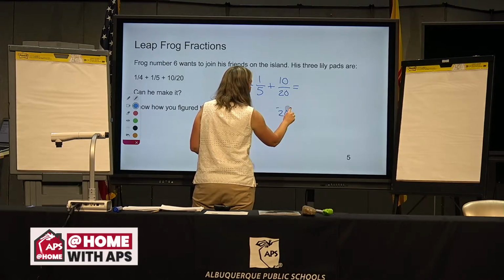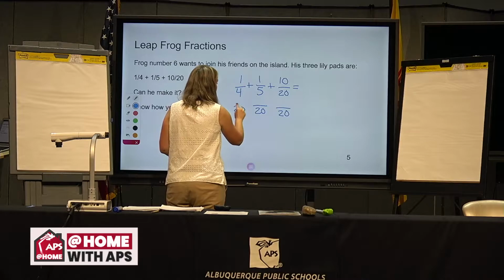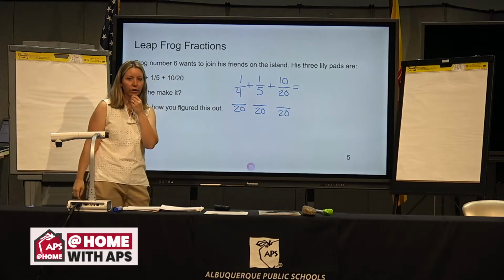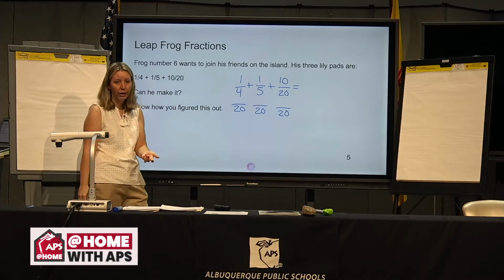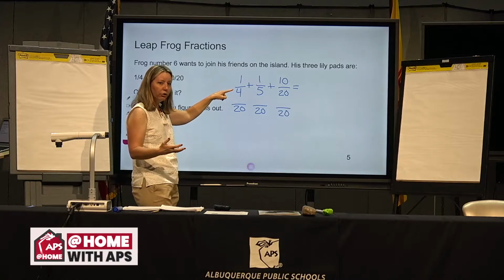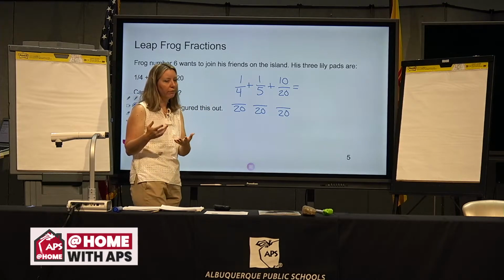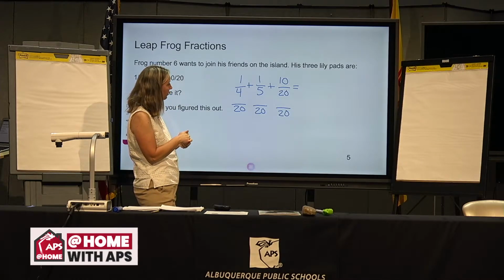So if we set this up with 20, now I have to look again at my original fractions and figure out what I did to those numbers to get to 20. So I know that I have 4. What am I going to do to 4 to get to 20? And of course, we can only multiply and divide when we're finding equivalent fractions.